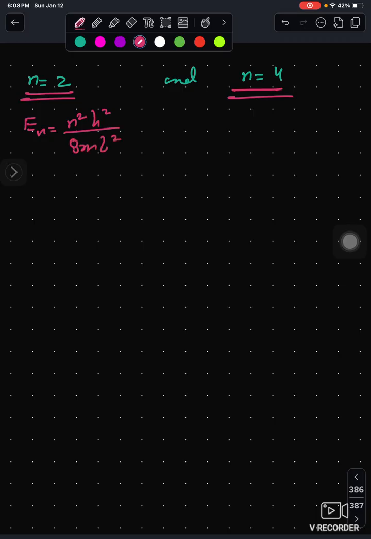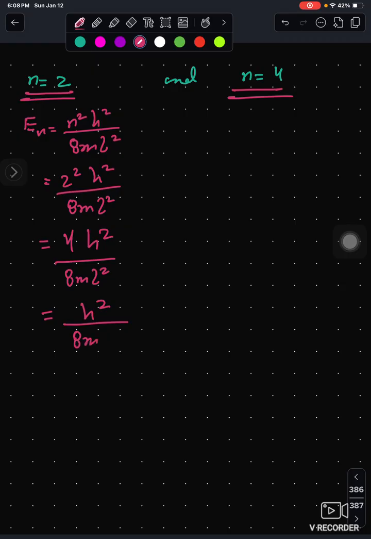Now the first equation will be 2 squared h bar over 8 m L squared, and the second one is 4 squared. If we simplify this, 4 and 8 becomes h squared over 2 m L squared. So this is our first expected value.